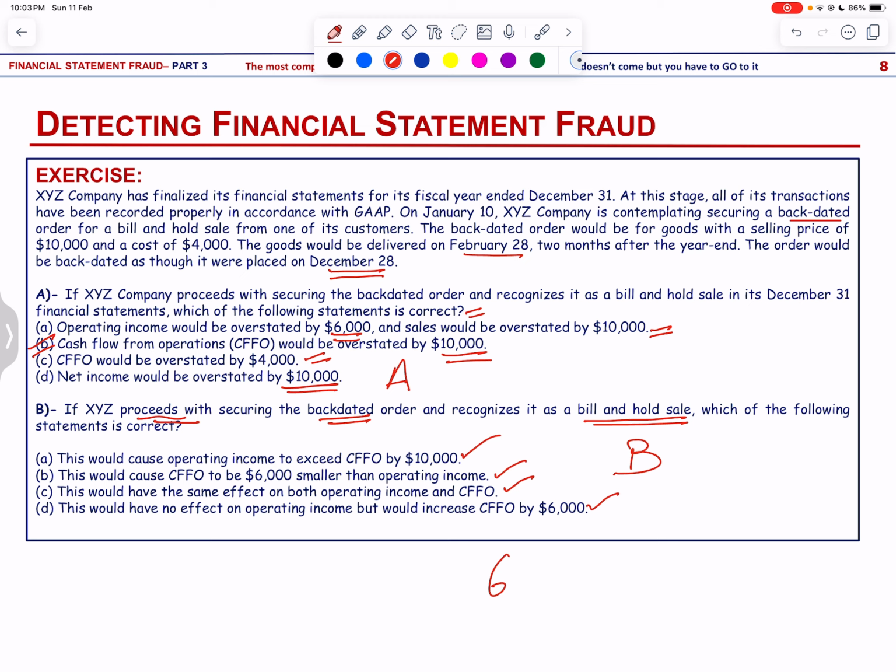So options A, C and D are incorrect as they do not accurately reflect the impact on CFFO. So answer B is the most suitable answer in the given scenario.